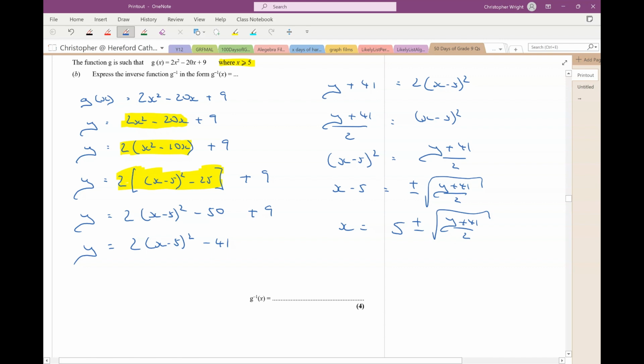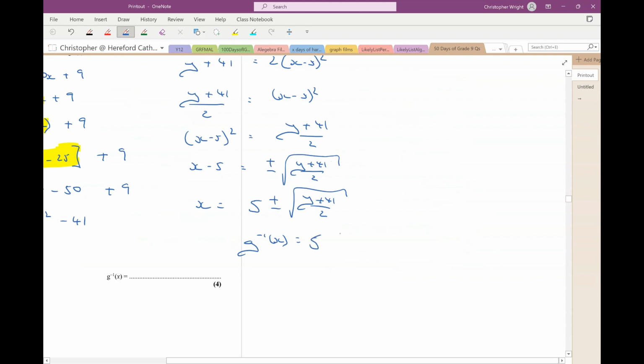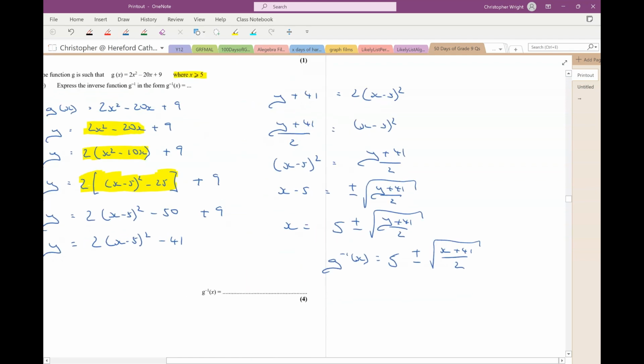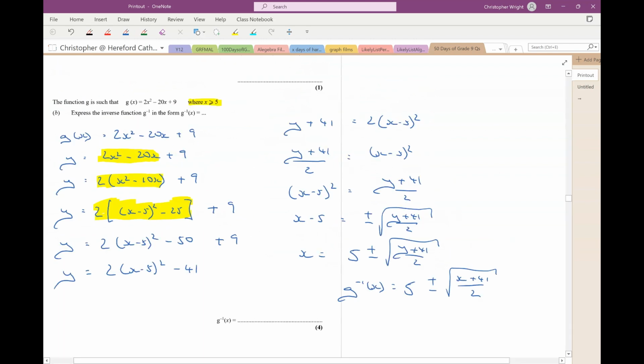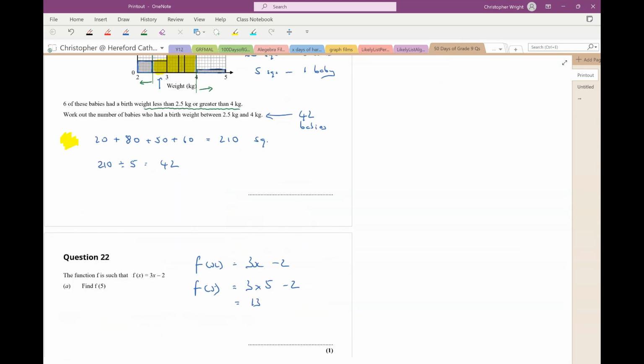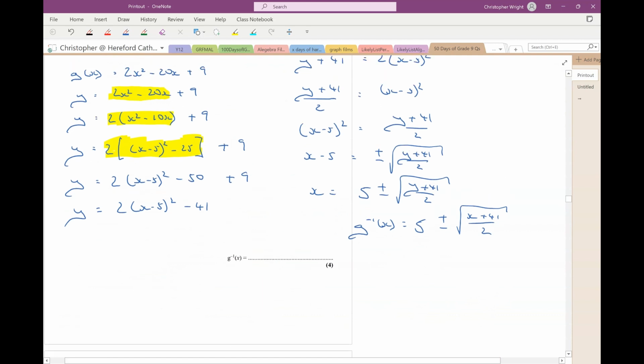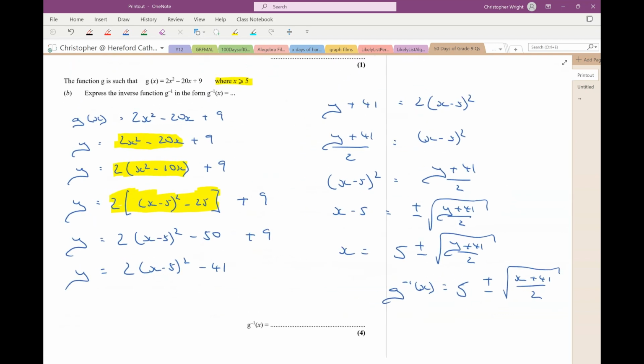So it looks to me like g, the inverse function, is going to be 5 plus or minus the square root of, let me write that a bit more clearly, 5 plus or minus the square root of x plus 41 over 2. But be careful, because here you're told that x is greater than 5.